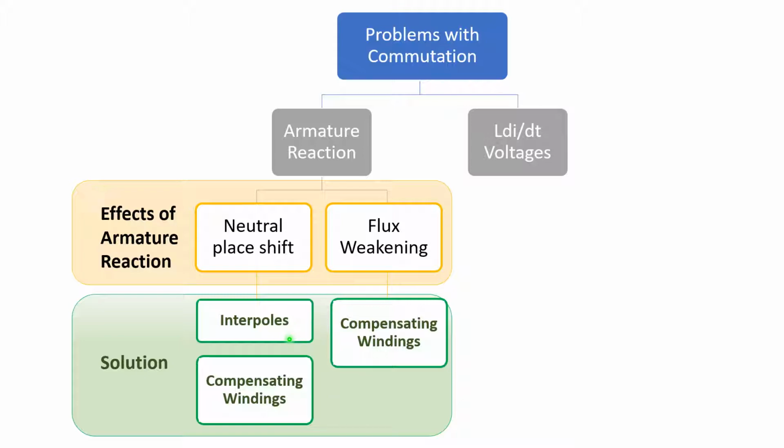But interpoles can only solve one of the effects, which is the neutral plane shift. Interpoles cannot solve the flux weakening problem. However, for L di/dt voltages, there are no solutions. So unfortunately, compensating windings can only solve the armature reaction problem but are unable to solve the L di/dt voltage problems.